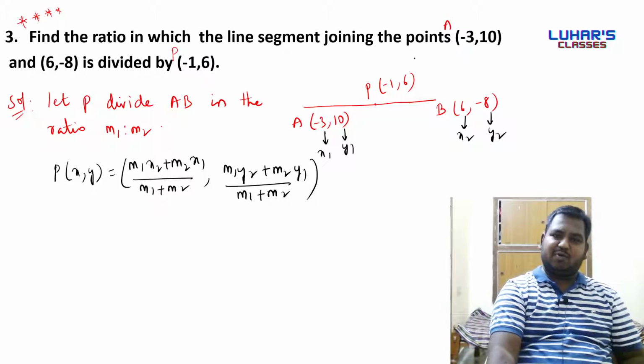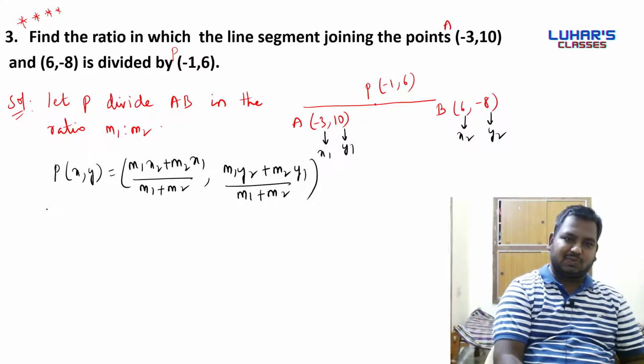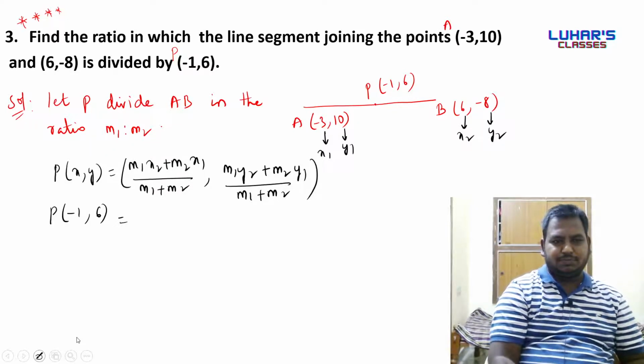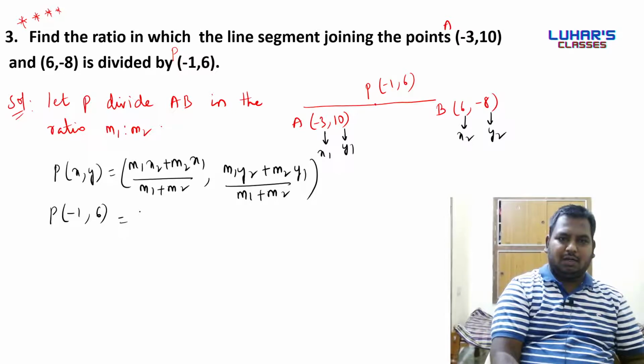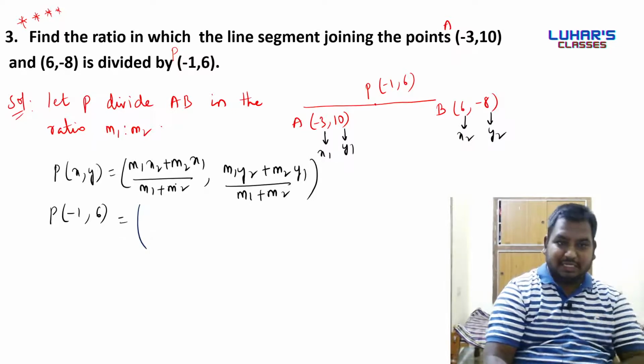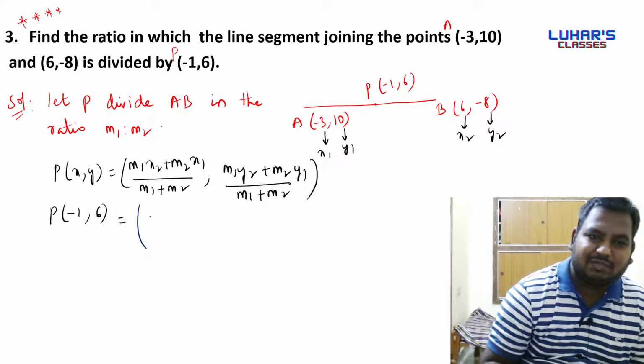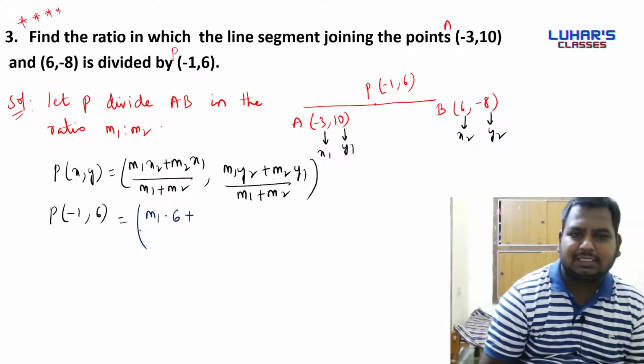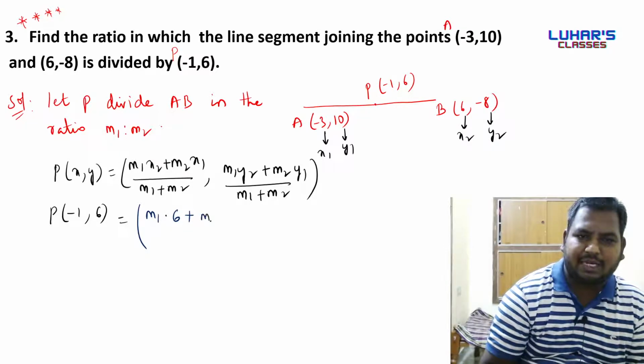P of x comma y is nothing but P of -1 comma 6. So P of -1 comma 6 is equal to, now m1 is m1. What about x2? x2 is 6. Next m2, we don't have an idea, we have to find it out.